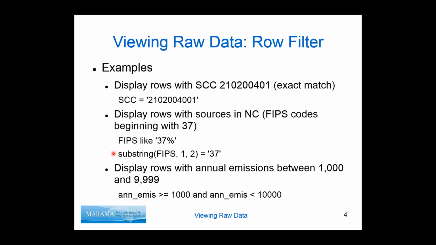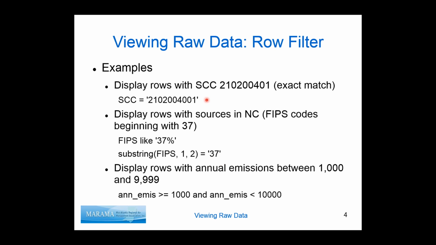What this is doing is we're running the function substring on the column FIPS. The arguments here are, where do we want the substring to start from, which is position 1. We want to start at the beginning of the string. And how long do we want the substring to be? We want it to be 2 characters long. So we're going to take the FIPS code, grab the first 2 characters of it, and then exactly match that to 37. That will also give us all the rows where the FIPS code starts with 37.